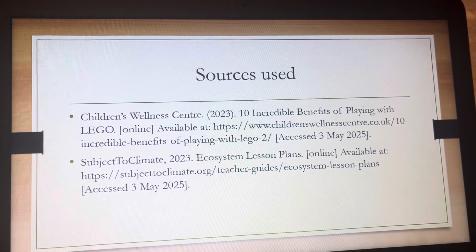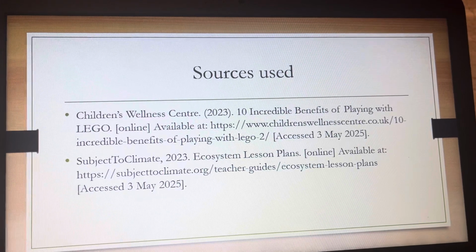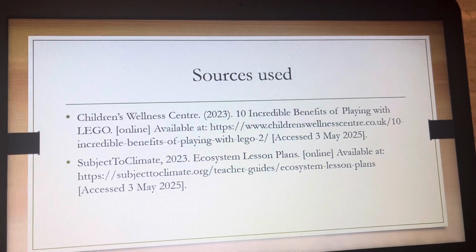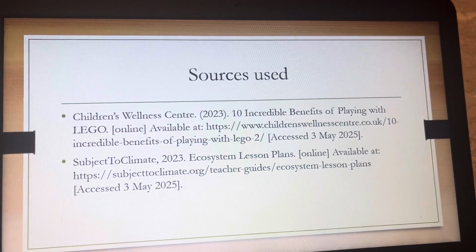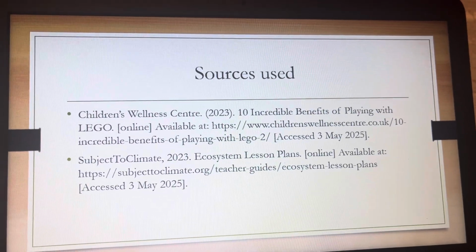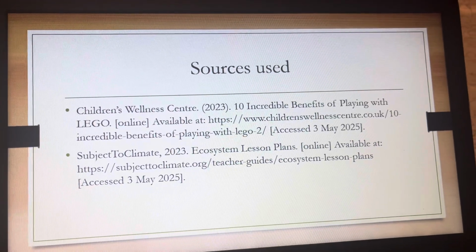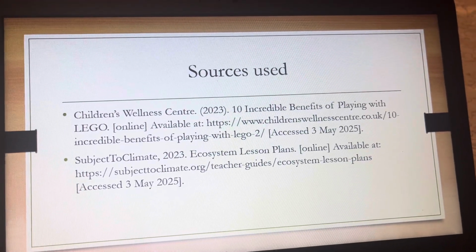The ecosystem lesson plan: I used this source to conduct my own lesson plan, to help me understand how to construct an ecosystem lesson plan.